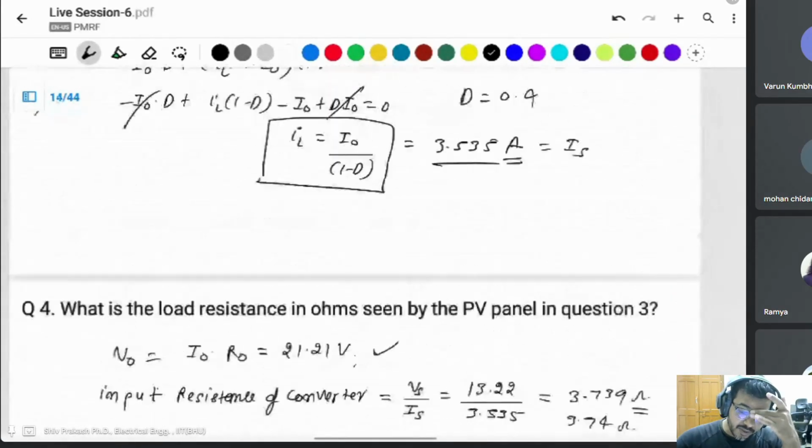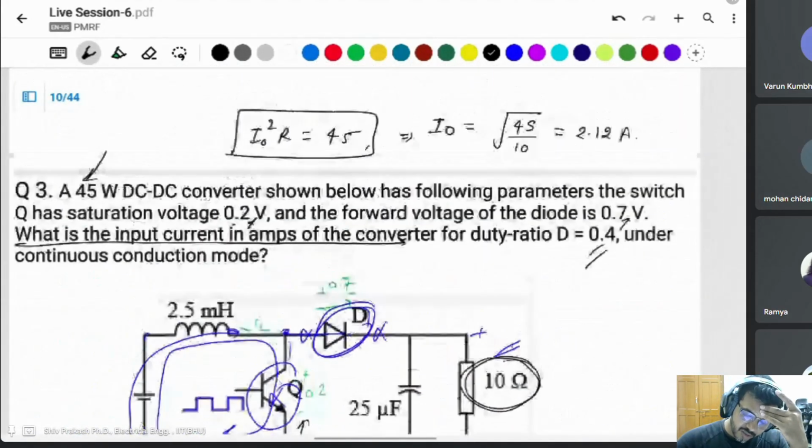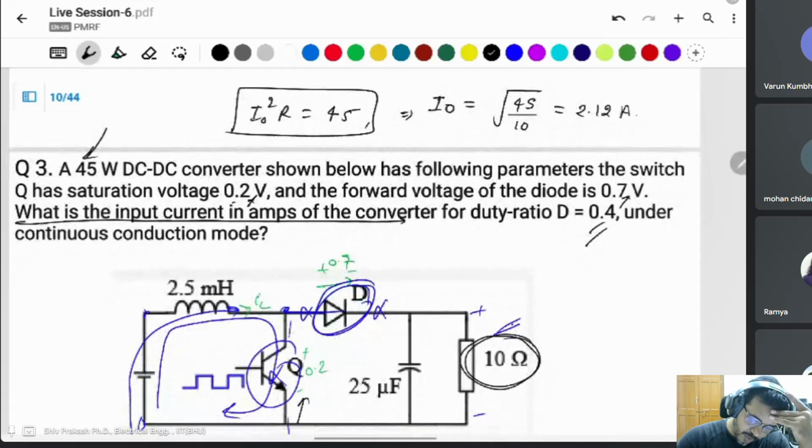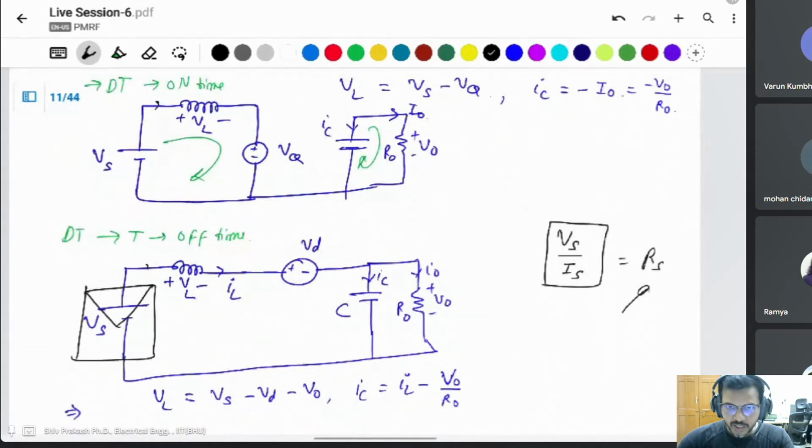For this question, the first question asks about the input current. To find the input current, you use the volt-second balance equation and current-second balance equation for this converter. Then you should know how to draw the volt-second equation and current-second equation. For the volt-second equation, you take the voltage of the inductor.